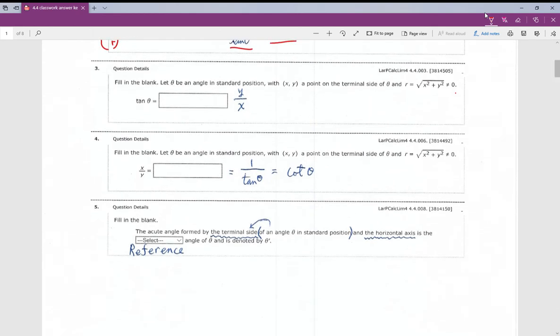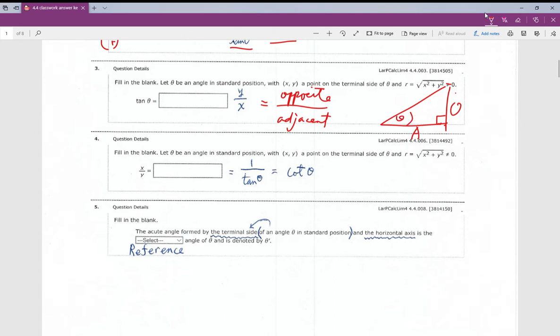Number 3, tangent. Tangent, the definition is opposite over adjacent. Opposite over adjacent.